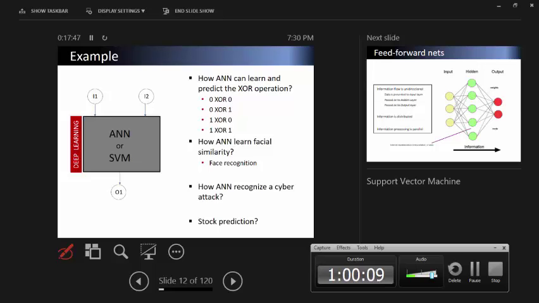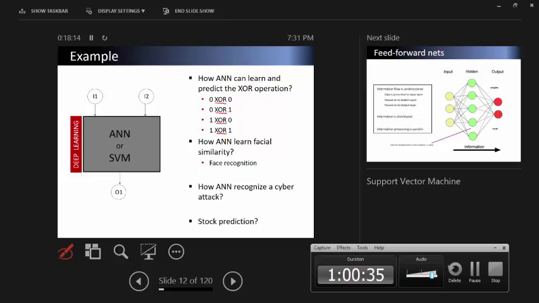Think about exclusive OR operation. This is an operation, right? Exclusive OR operation. Then we know the rule. Exclusive OR operation returns 1 if those two values are different. Otherwise, returns 0, right?